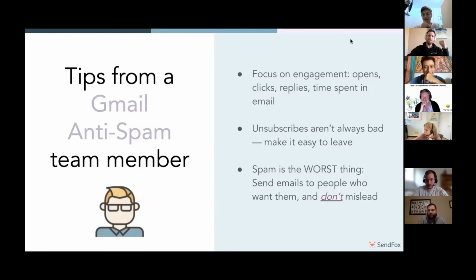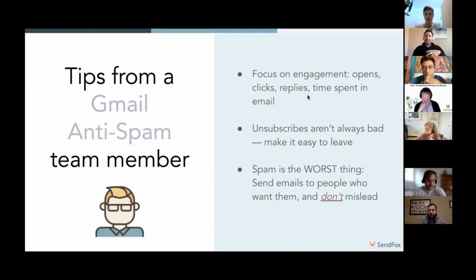So the few things they said, and I think this is really fascinating, is making sure to spend time focusing on engagement with the emails. They heavily weight engagement, meaning people clicking and opening as some of those top line metrics that we have talked about and that are well familiar for many of us, but also the time spent in the email, the number of replies that come from that email.